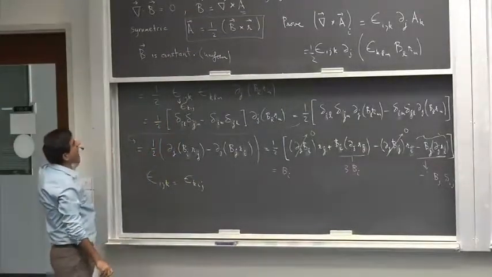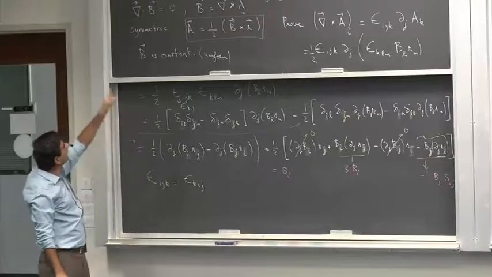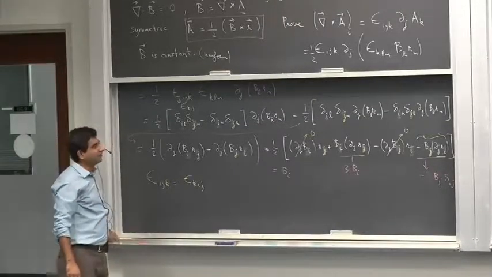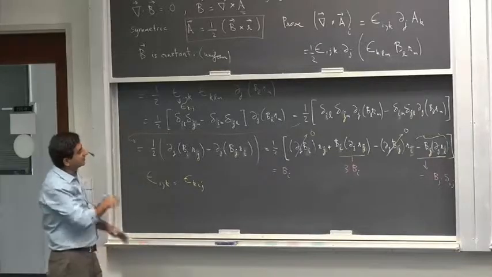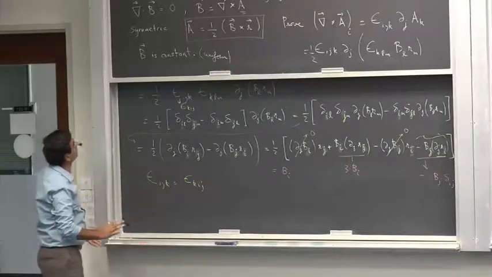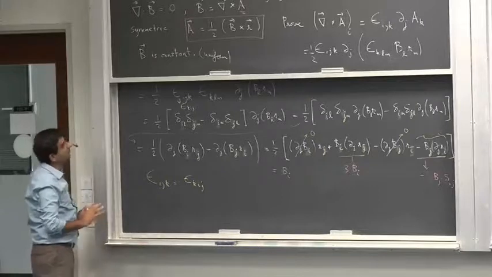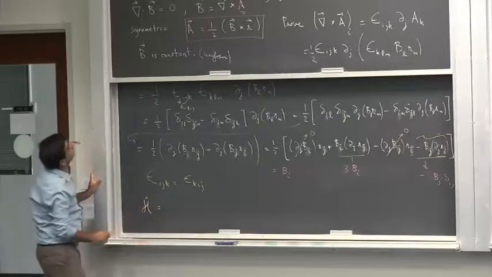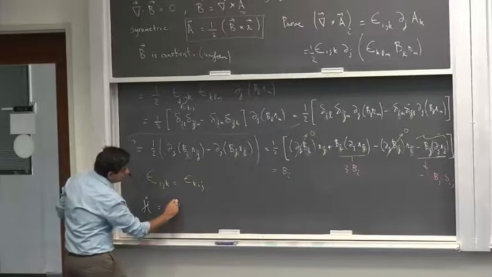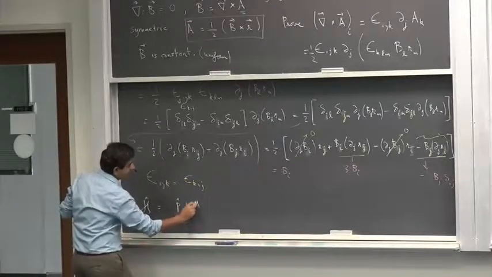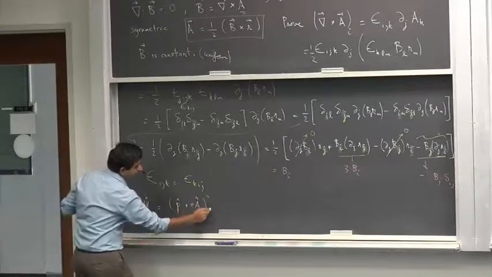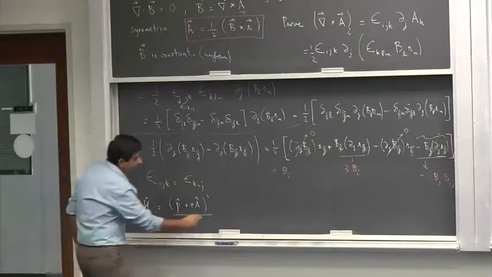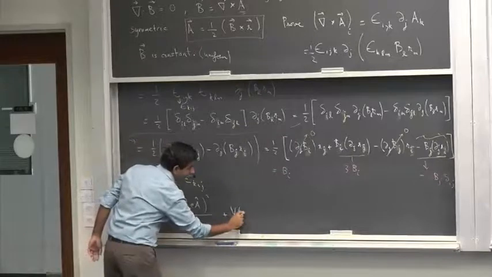Okay? So now we would like to insert this value of A into the Hamiltonian. Remember, we have the destination in our mind, so it's going to be a pleasant surprise at the end. So the Hamiltonian is (P plus eA) squared over 2m plus V(R).